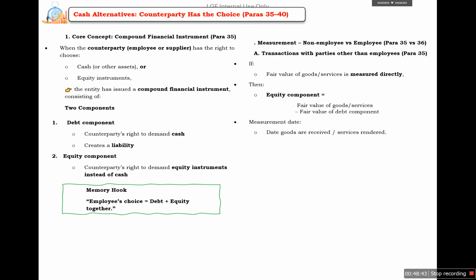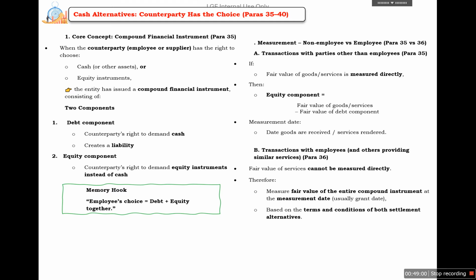The equity component is equal to the fair value of goods and services received minus the fair value of the debt component, and the measurement date will be the date on which the goods or services are received. In a transaction with employees, as the fair value of services cannot be measured directly, we need to measure the entire compound instrument at the measurement date, based on the terms and conditions of both settlement alternatives.